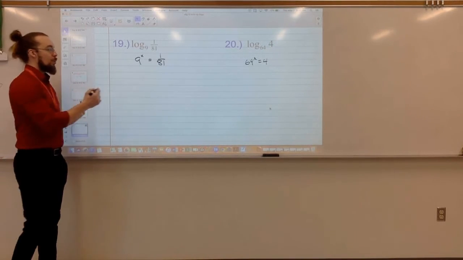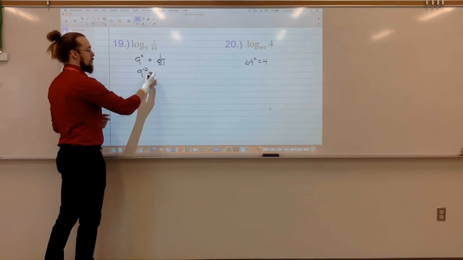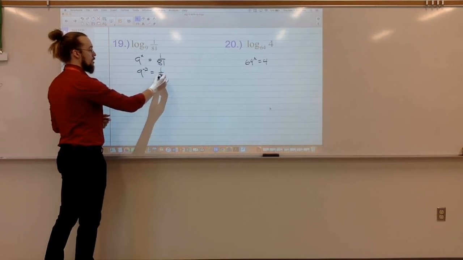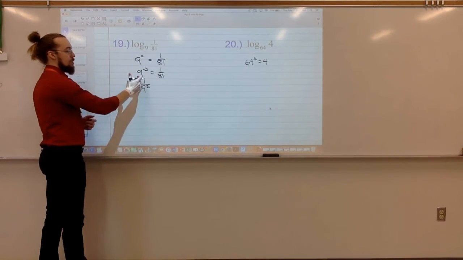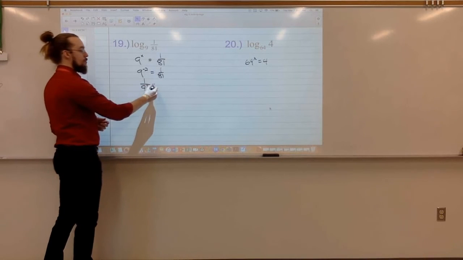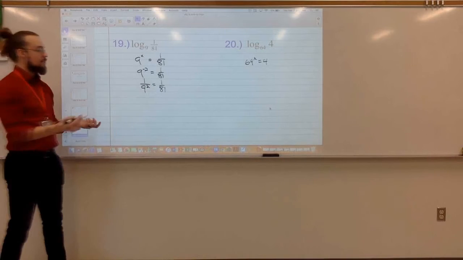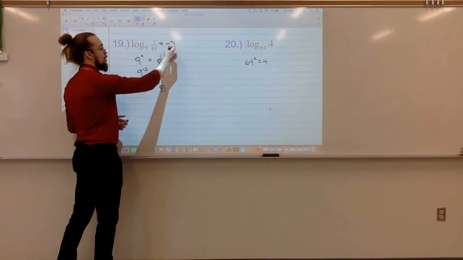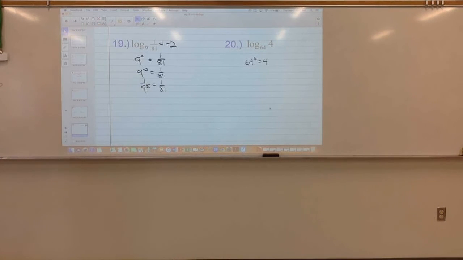So what we can say is 9 to the negative second power, because negative second means I would flip this and say this is the same as 1 over 9 to the positive second, which is 1 over 81. So in this case, our exponent would be negative 2.